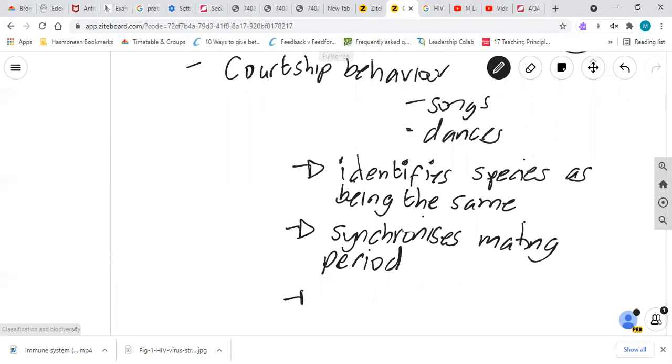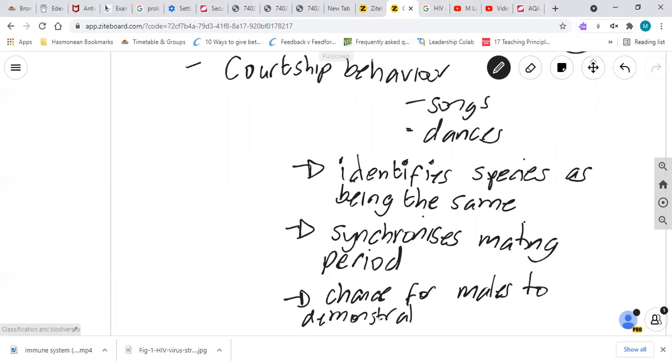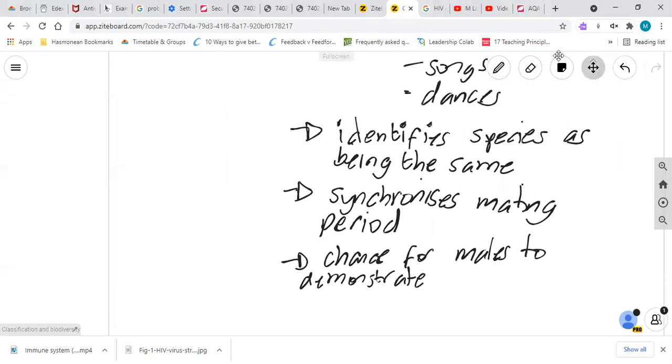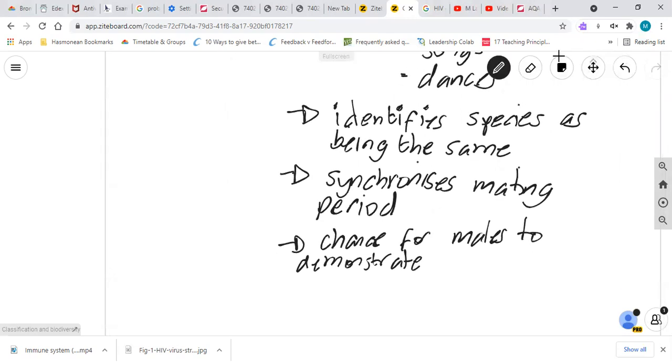Okay, and it's also a chance for particularly males to demonstrate the idea that they have sort of good alleles. So it's demonstrating their mating potential.